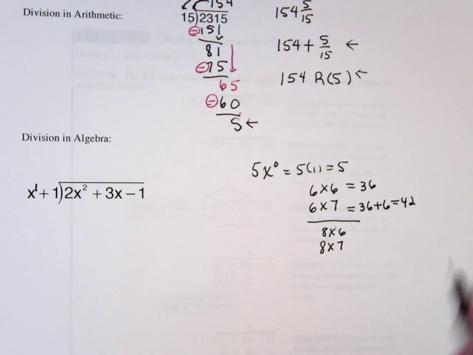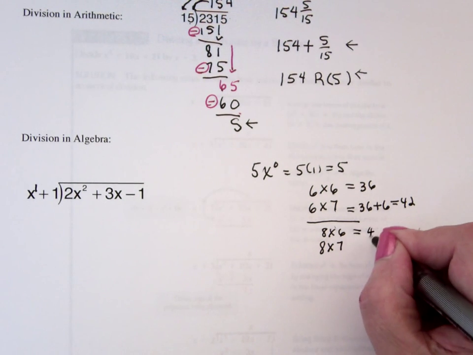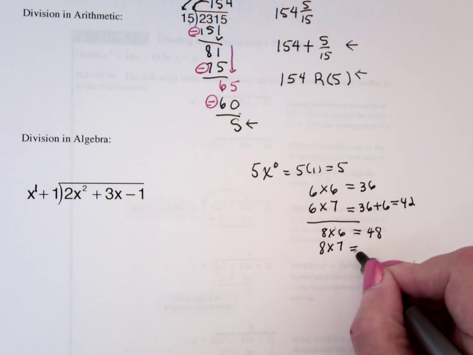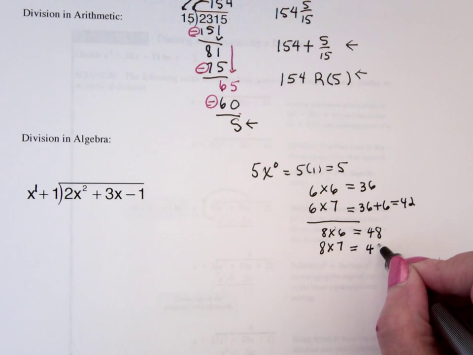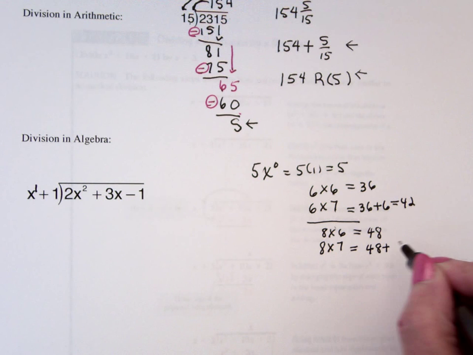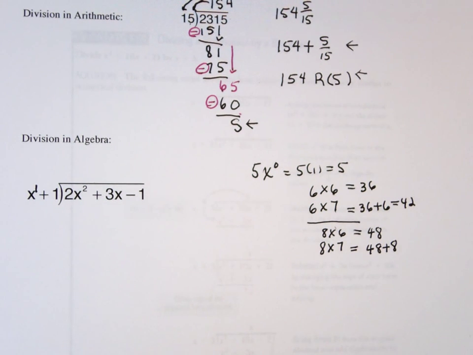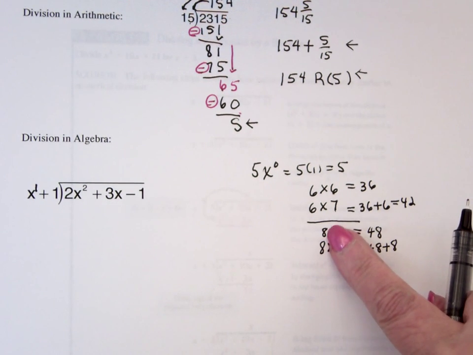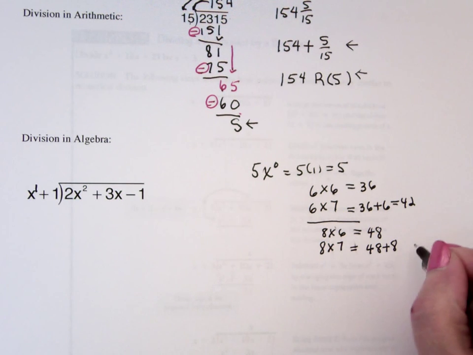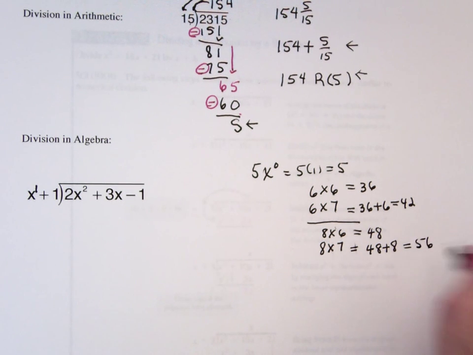Yes. 8 times 6 is 48, and 8 times 7 would be 48 plus an additional 8, because I'm dealing with 8s, which then turned into 56.